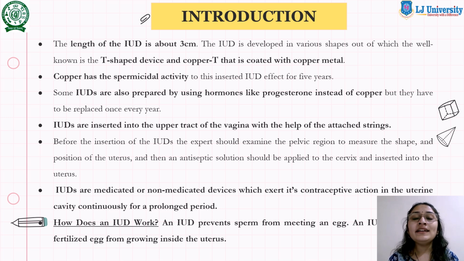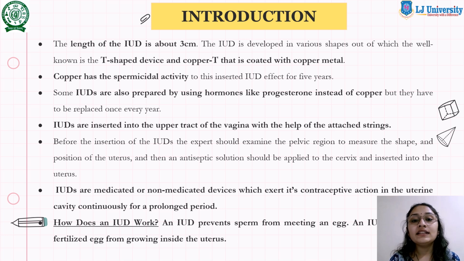Now, why is copper the metal of choice in the design of the intrauterine device? As you can see here, copper has spermicidal action, which means it has the activity of killing the sperms, or preventing them from entering into the fallopian tubes, or mating with the ovaries, right?